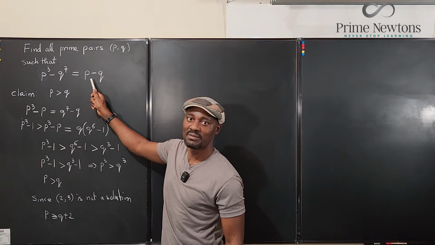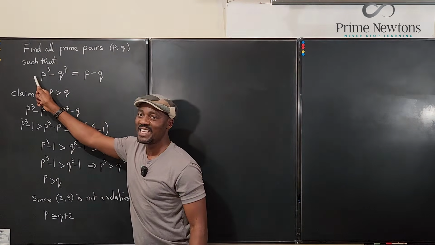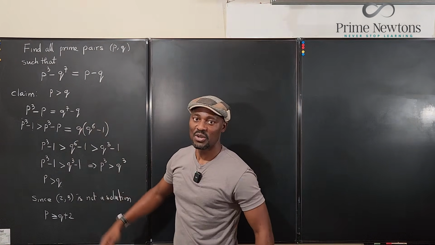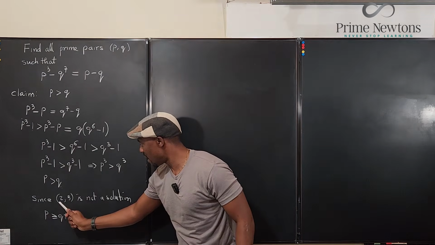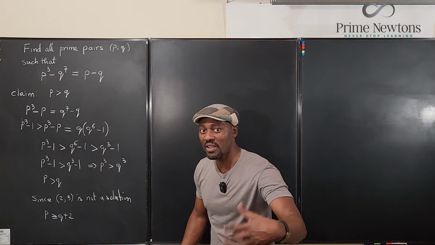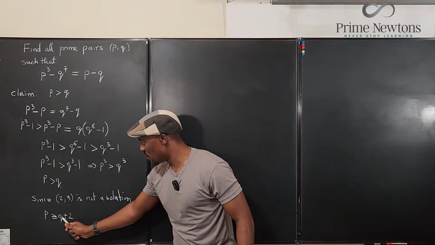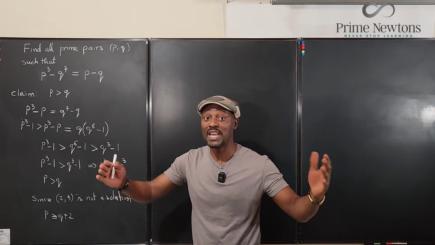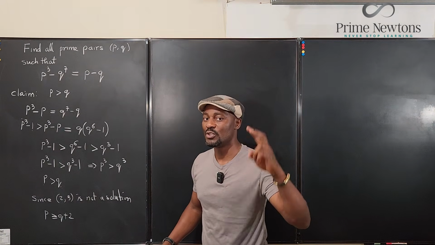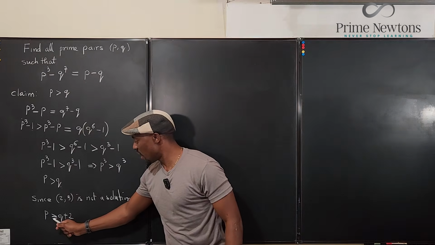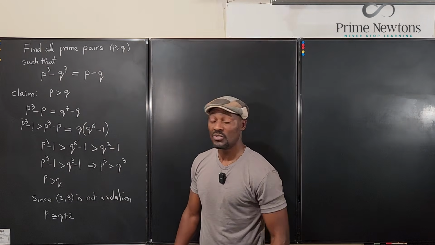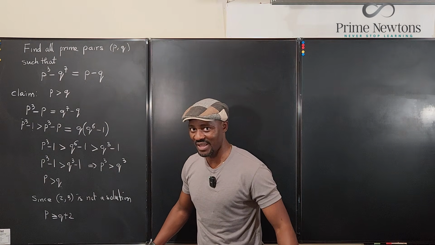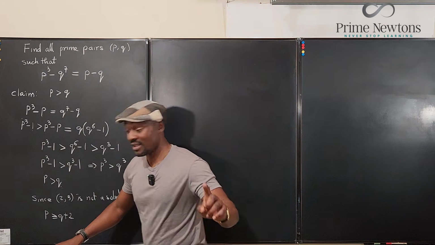This is positive. So this is negative, this is positive. It does not work. So we know this pair is not a solution. So any other pair we choose will be with a minimum gap between any two prime numbers of 2. So that's why P is greater than or equal to Q plus 2. Okay, that's going to come in handy.